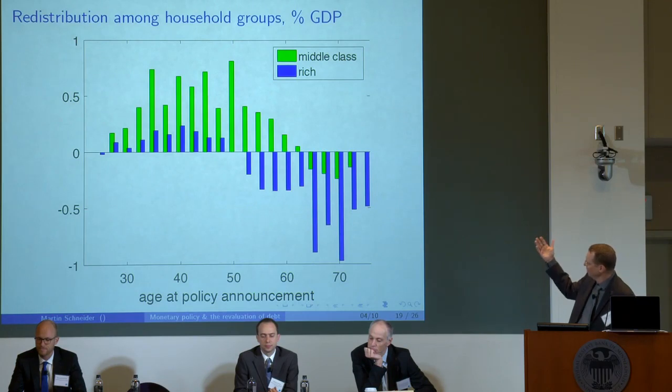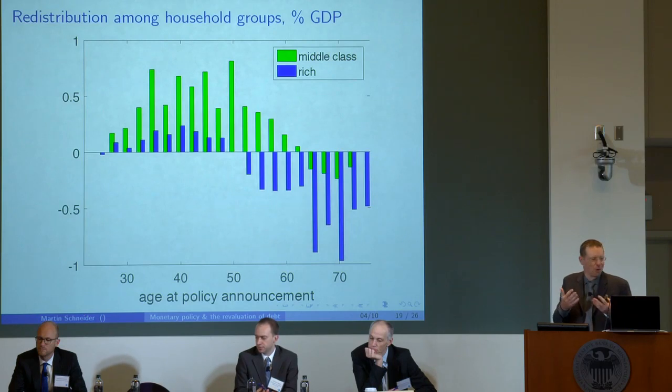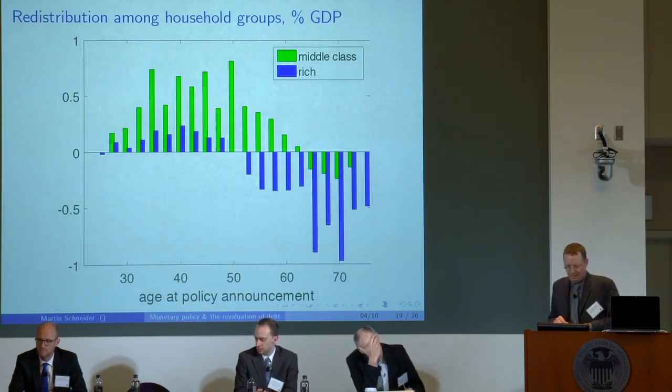The cohorts are in two-year bins, and all of these make sizable losses. And the young and middle-aged middle class who have a lot of mortgage debt, those are the big winners.